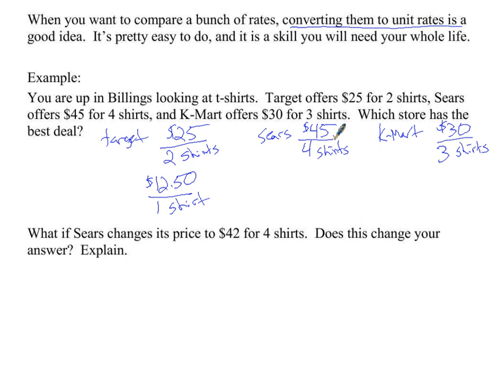For Sears, $45 divided by 4 shirts. Do we know that for sure? How would we figure this out? Okay, use a calculator. 45 divided by 4. What do you get? Only one person has a calculator sitting in front of them right now. 11 point what? Not 5.